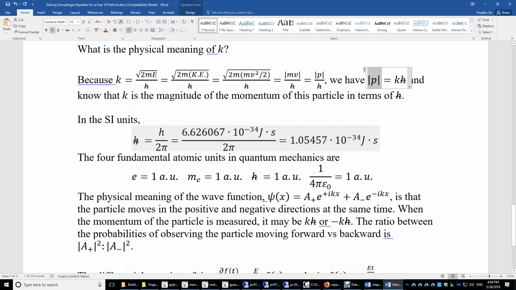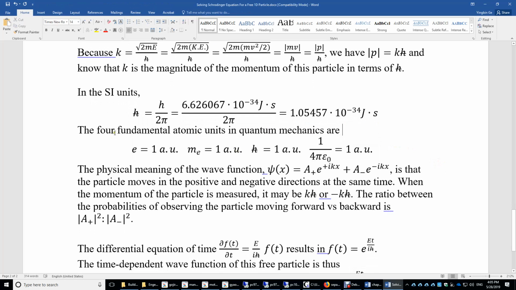In the SI units, h bar is the so-called reduced Planck constant. It's equal to h over 2 pi, which is 6.626 times 10 to the power of negative 34 joule second divided by 2 pi. So it's roughly 10 to the power of negative 34 joule times second. In quantum mechanics, there are so-called atomic units.